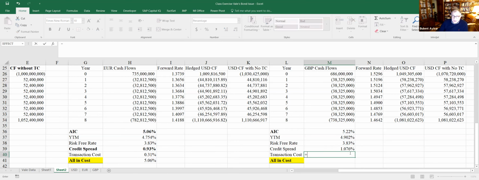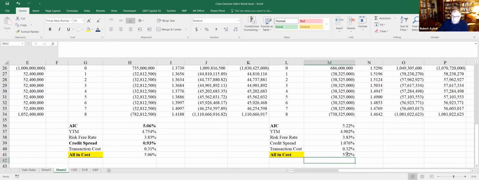So if we get the transaction cost between all-in cost and yield to maturity, it is 0.32%. So we can verify this again. The risk-free rate of return plus credit spread plus transaction cost, we get 5.22%. We just verified our all-in cost.